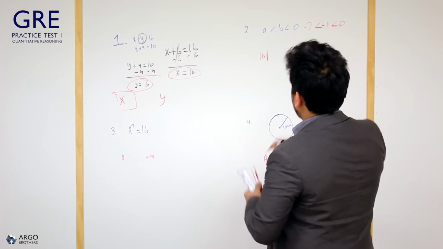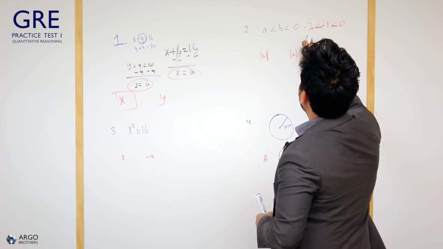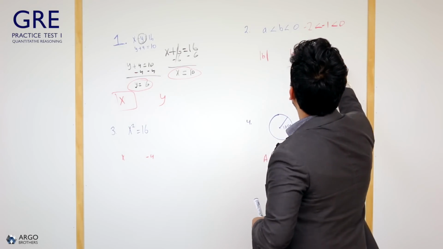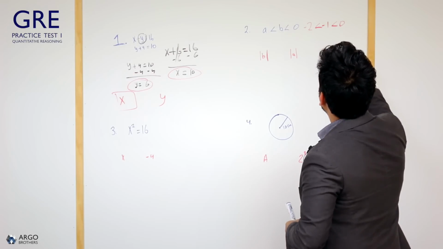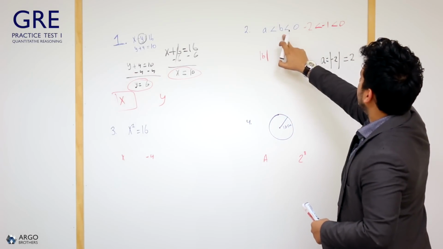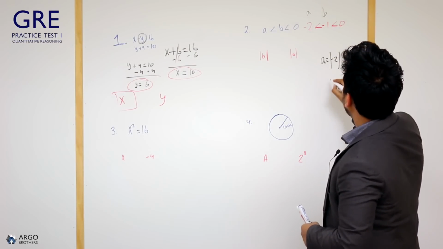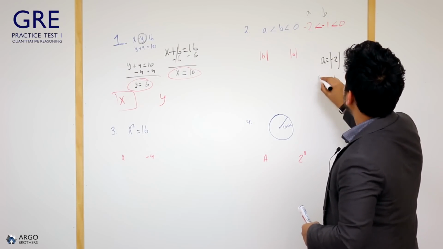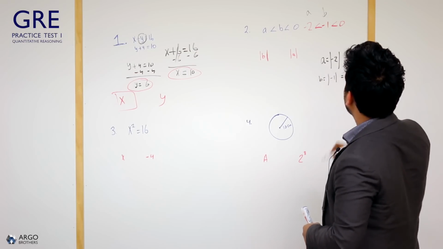So let's see. A is equal to negative 2. However, if I take the absolute value, I get that A is equal to 2. If I take the absolute value of B, remember, this is B, this is A, B is negative 1. If I take the absolute value of negative 1, I get just 1.